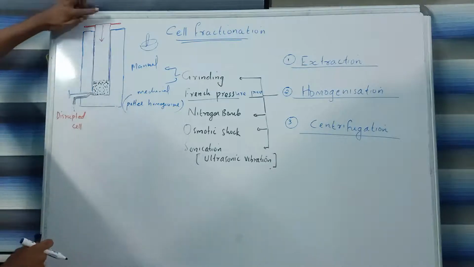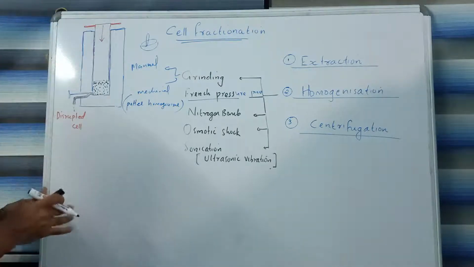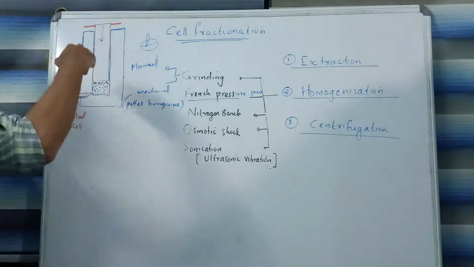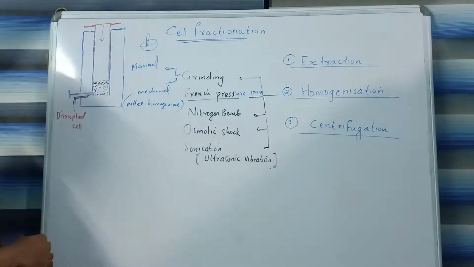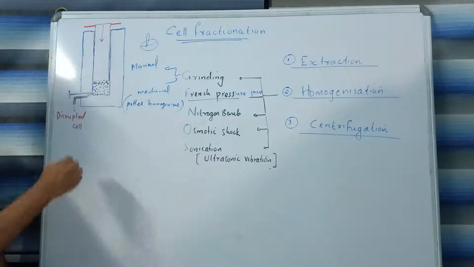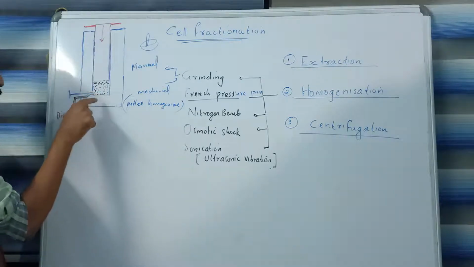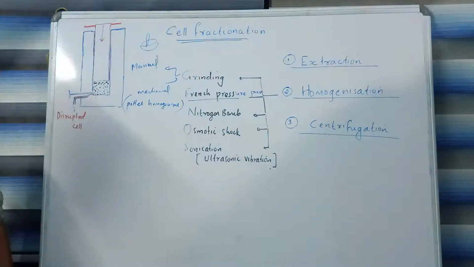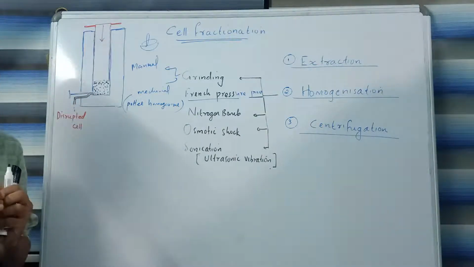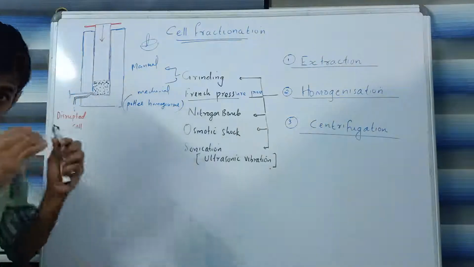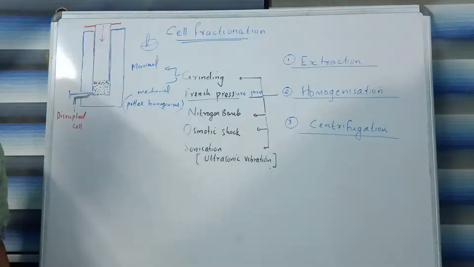If you press this piston into the bottom portion, it creates a pressure. That pressure pushes the cells through this narrow tube. While the cells are moving through this narrow tube, the pressure acts on those cells.